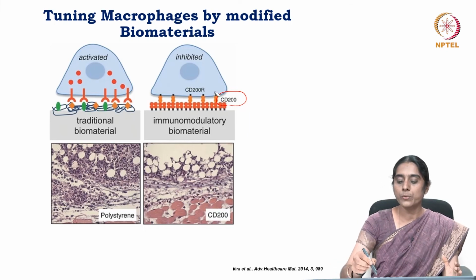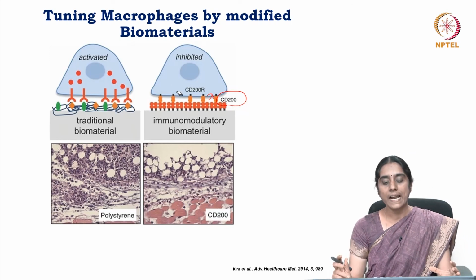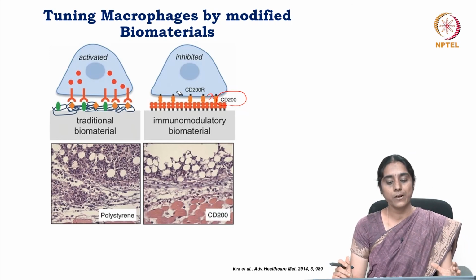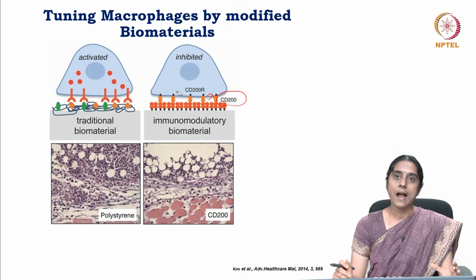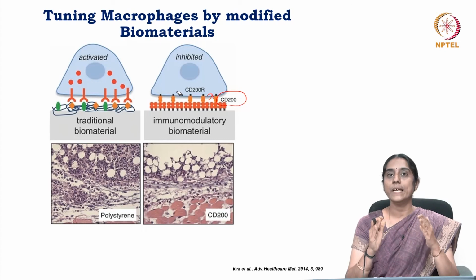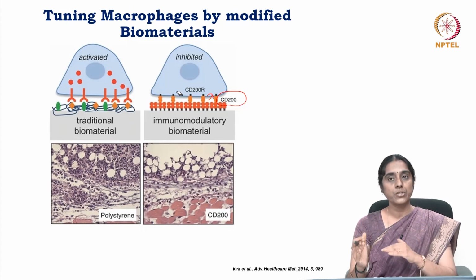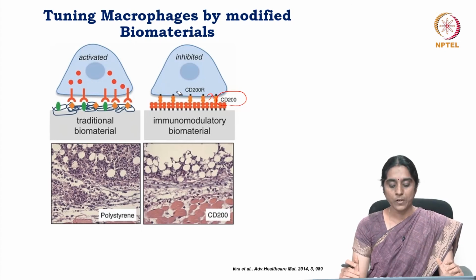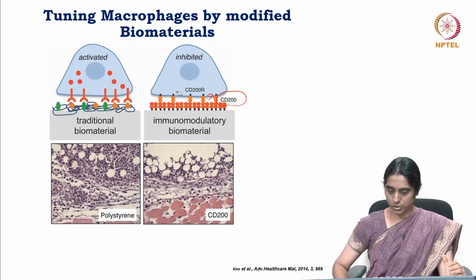So, this CD200 will interact with CD200 receptor of macrophages, and it will stop the activation of M1 phenotype and switch it to the M2 phenotype. So, this is again another way by which you can modulate the immune response.